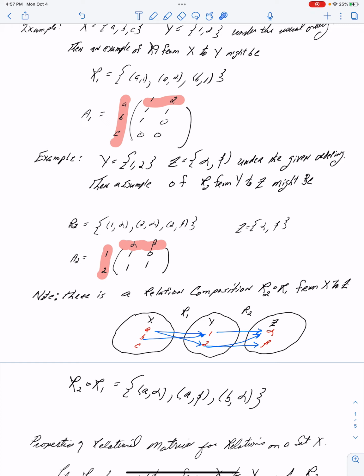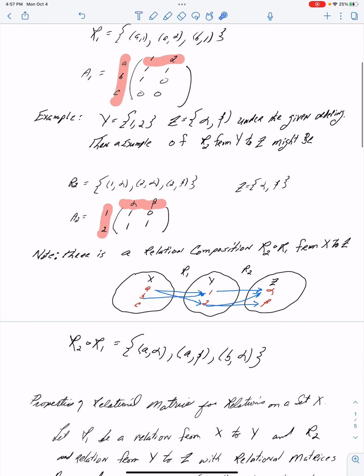What does its relational matrix look like? Well, if Y is ordered like this, 1 being the first element and 2 being the second, then that's the rows. And if Z is ordered like this, alpha first and beta second, then that corresponds to the columns.